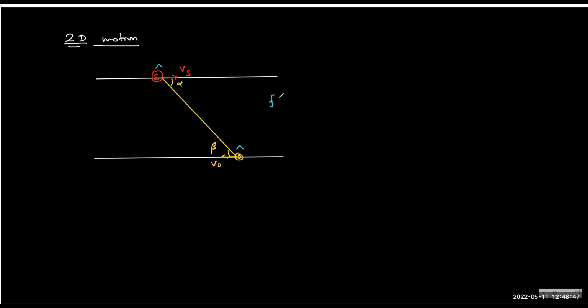The F dash we can write easily by just resolving the velocity vector. So it will be F into, I'm not taking the wind in this case, so let's say the wind is 0. Medium is not moving. So it will be V plus minus VO cos beta.